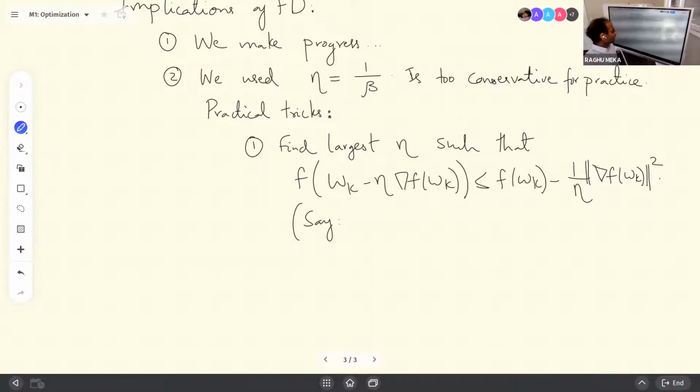If you look at a lot of software, let's say in Julia or in MATLAB, when they have unconstrained optimization problems, they will have some option to use some kind of doubling line search. What they mean is start with eta equals 1.